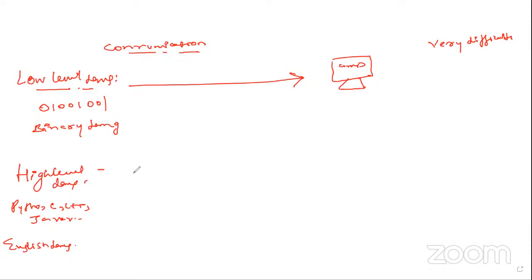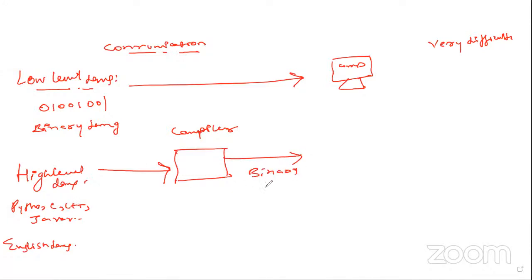So for these languages, we need a software called a compiler. The compiler converts our high level language into binary language, and that binary language is understood by the computer.